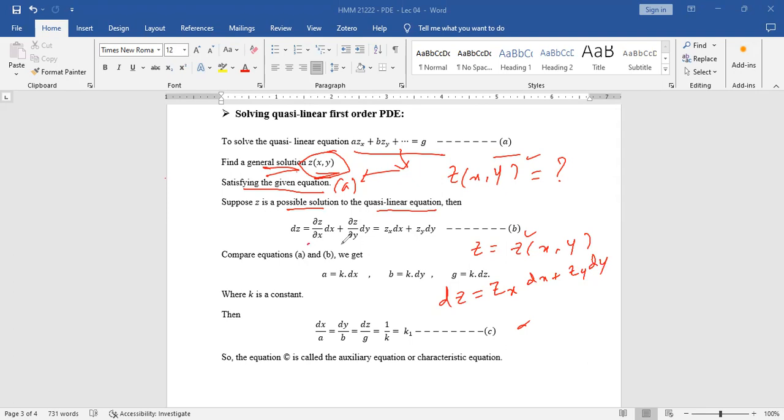Even though it has two variables, this is our total derivative. So when you are writing the total derivative, we can't put here dz over dx or dz over dy, no? Am I right? I'll erase and write again.